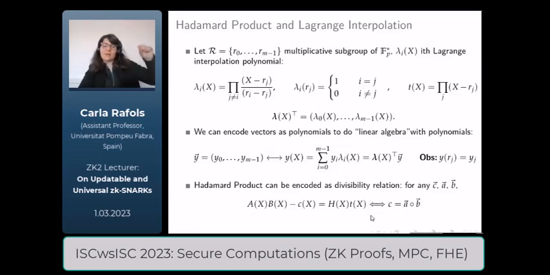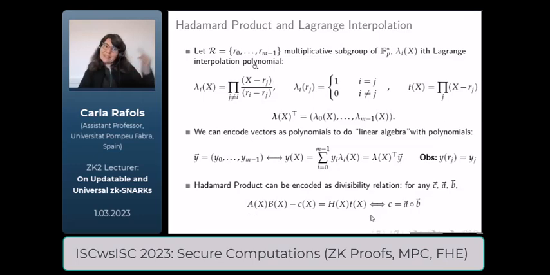The evaluation of the polynomial A at point Ri is the ith coordinate of A. B evaluated at Ri is the ith coordinate of B. And this evaluated at Ri is the ith coordinate of C. So what I get if I evaluate is that this is A, this is 0, because this is the vanishing polynomial.